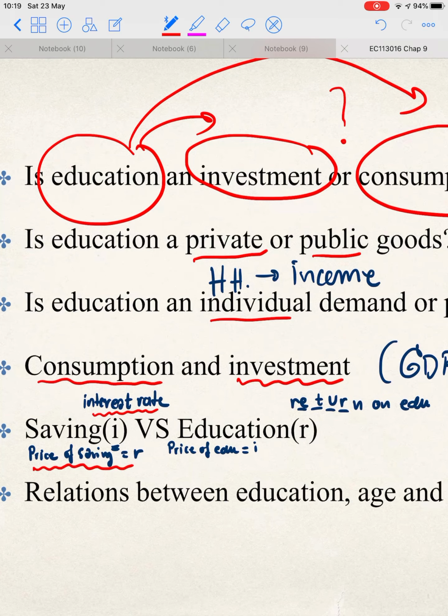When we talk about saving, the price of saving is the return on education, and the price of education is the interest rate, because saving and education are substitution goods. Okay.